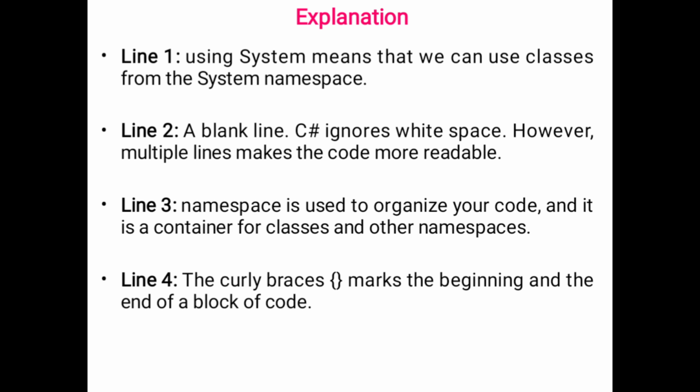However, multiple lines make the code more readable. And the third line, namespace, is used to organize your code, and it is a container for classes and other namespaces. Next, the fourth line: the curly braces mark the beginning and end of a block of code.